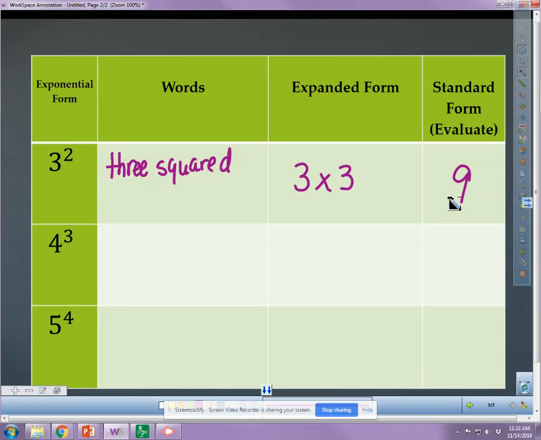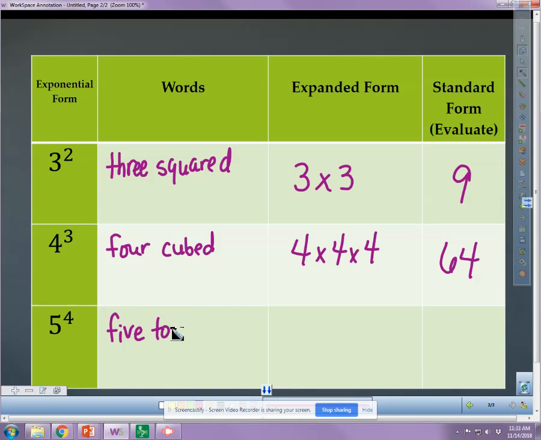The next one would be written as 4 cubed. And expanded form would be 4 times 4 times 4, which equals 64. The last one would be 5 to the 4th power.